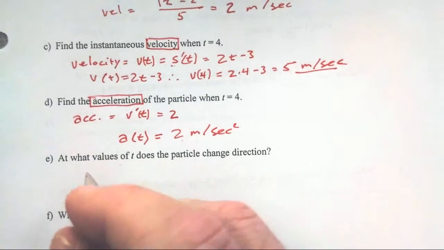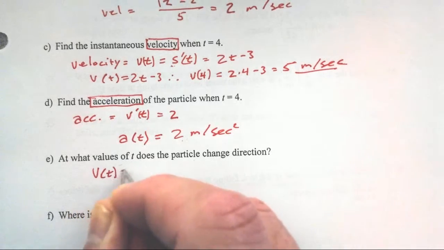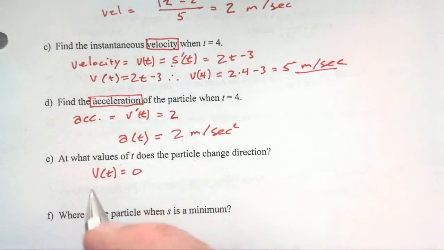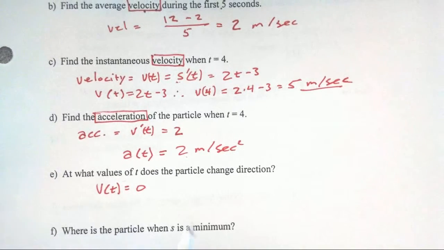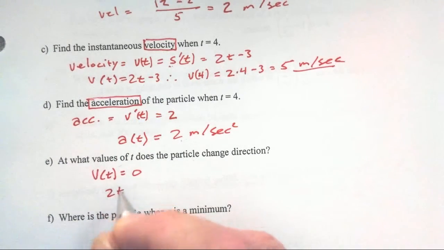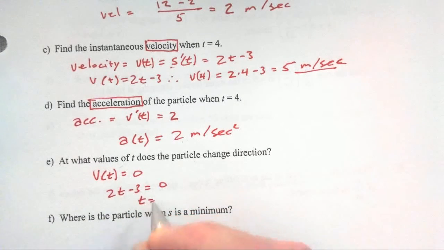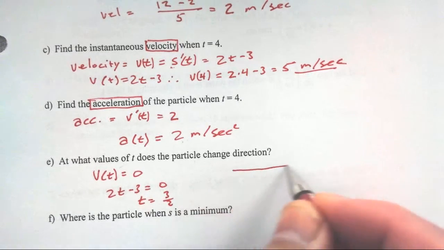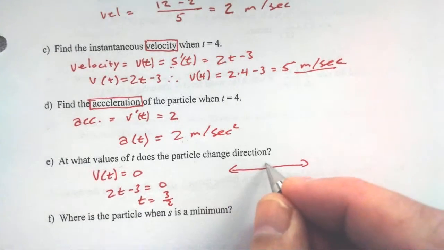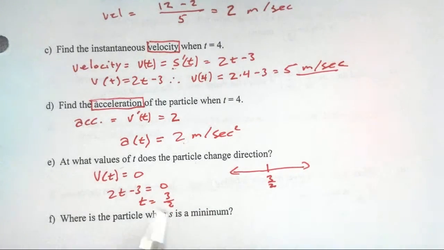So let's take a look at its velocity. We want to set the velocity equal to 0, and we've got that up here: 2t minus 3. We want 2t minus 3 to equal 0. That gives us t is 3/2. So if we consider that on a number line at 3/2, that's where our velocity is 0.